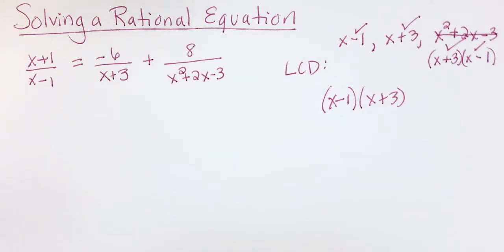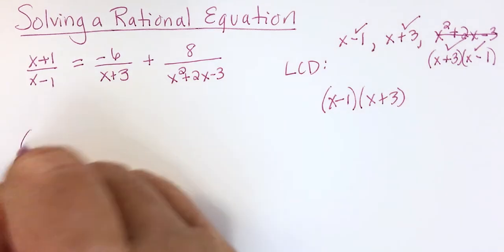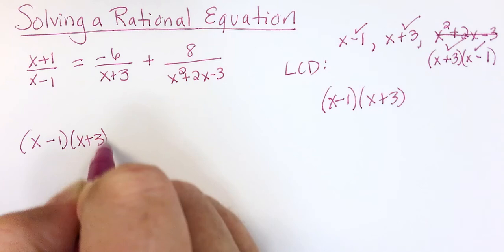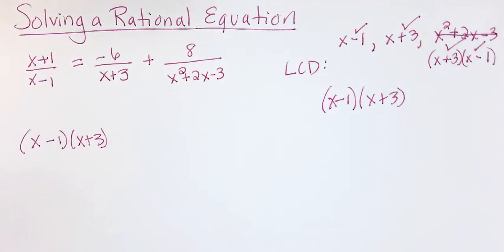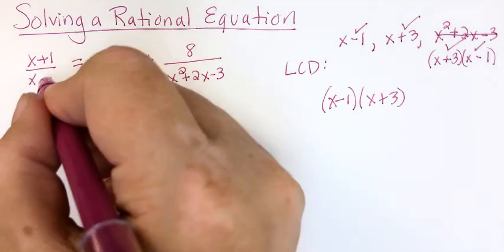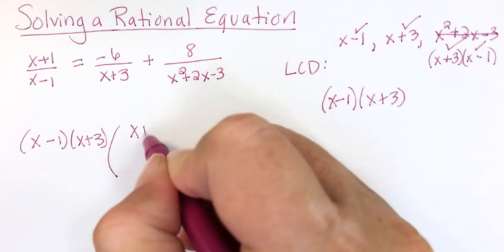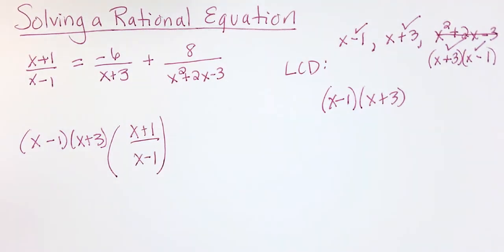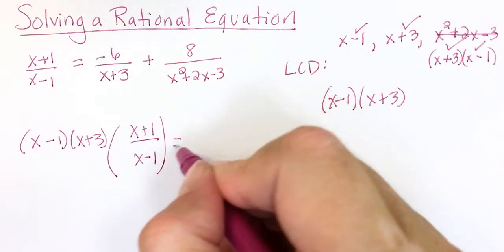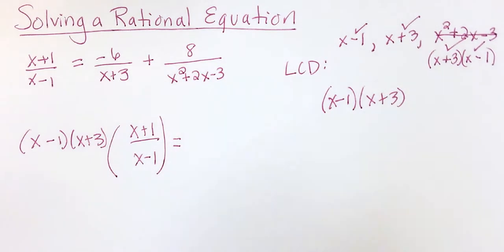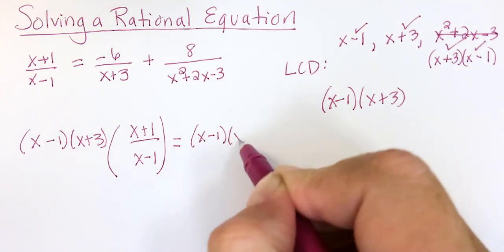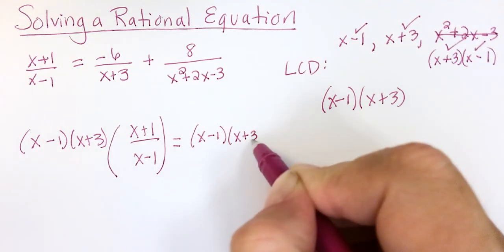So our first step is to write our LCD, and that's x minus 1 times x plus 3. And just as a note, it doesn't matter what order you put those in. And then we're going to bring down this first term, which is x plus 1 over x minus 1. Bring down your equal sign. And we're writing the LCD again. So we're multiplying by the next term. So x minus 1 times x plus 3.